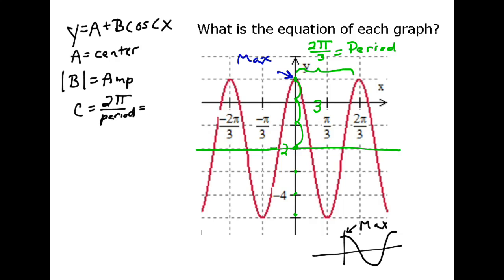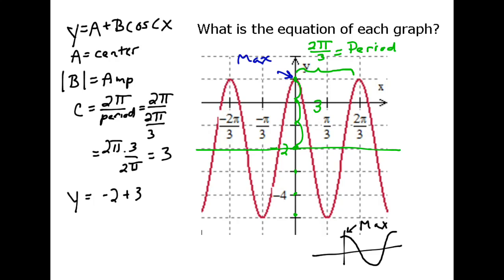So we have 2 pi divided by 2 pi over 3, so we'll have to invert and multiply. So 2 pi times 3 over 2 pi, so 3. So C is 3, and we just have to fill those numbers into the equation. So y equals -2 plus 3 cosine of 3 times x.